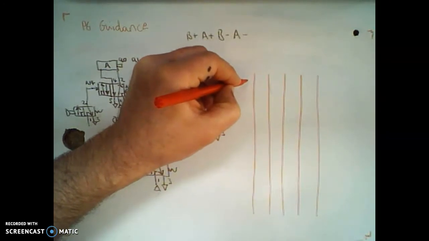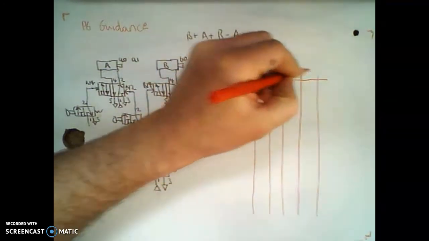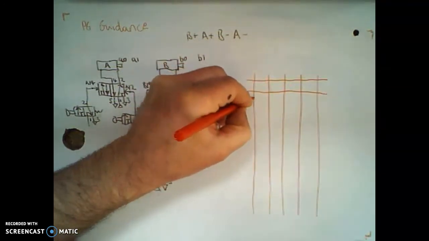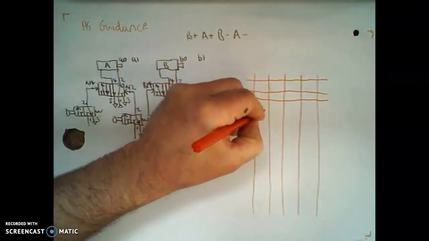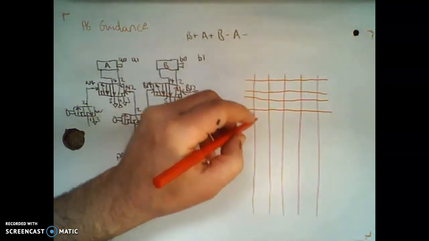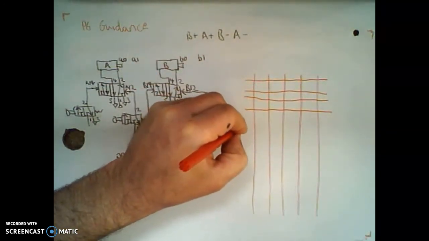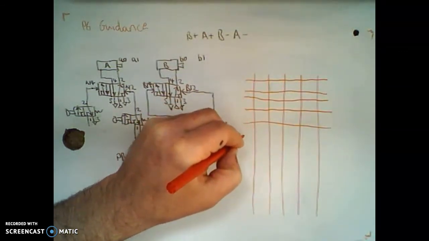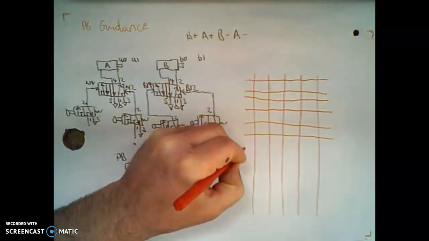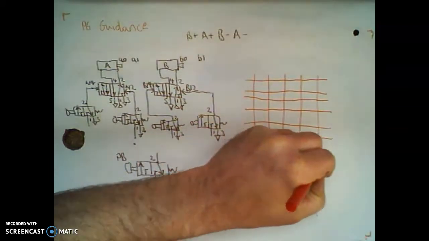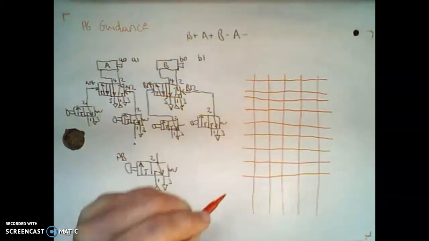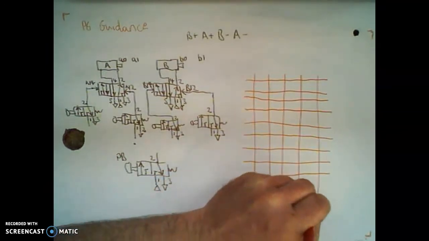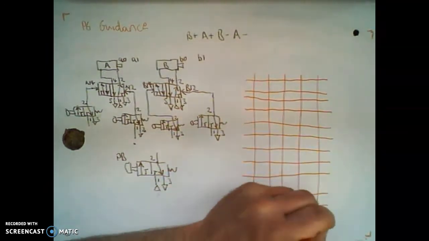So if I draw lines for each cylinder, a line for the push button, a line for each of the switches, and a line for each of the pilot lines.